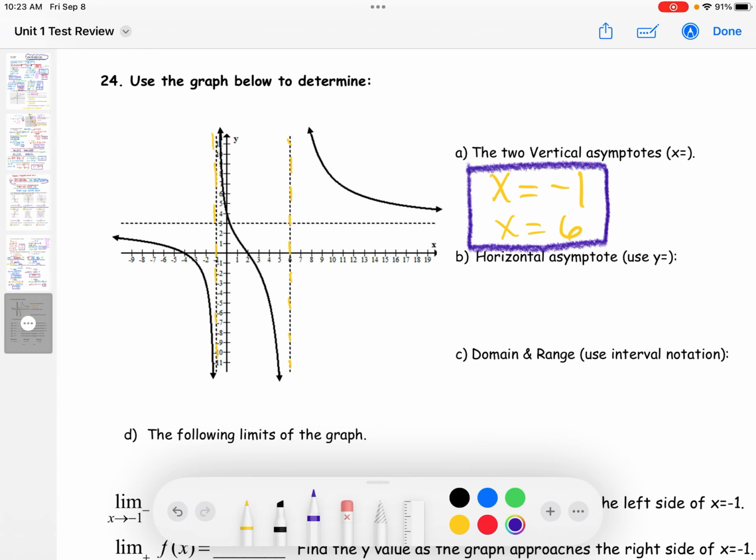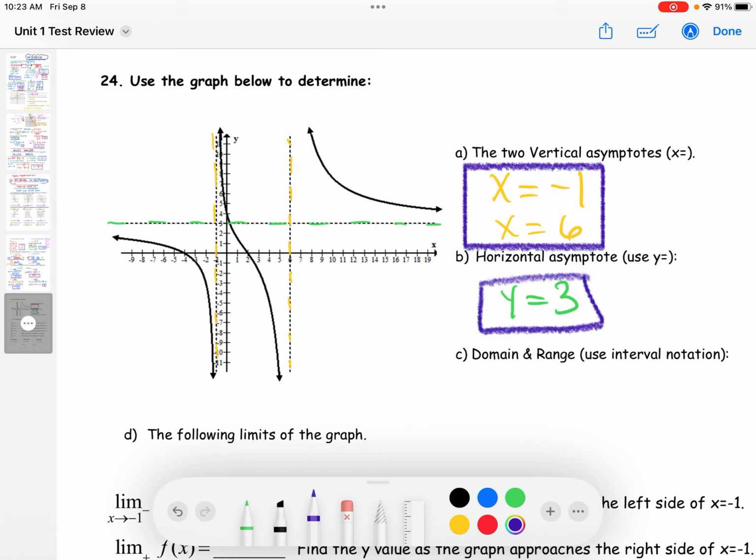So those are the 2 vertical asymptotes. Then the horizontal asymptote is this horizontal line that the graph levels off at. It's y equals 3. So there are your vertical and horizontal asymptotes.